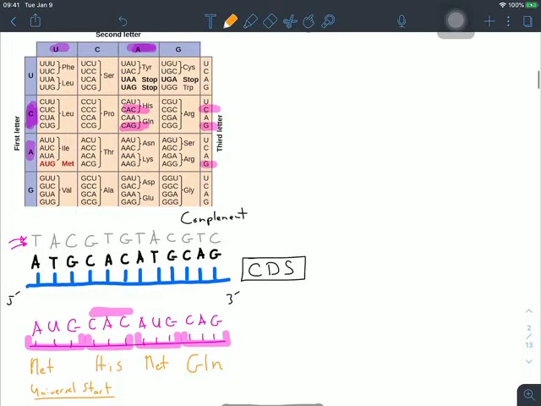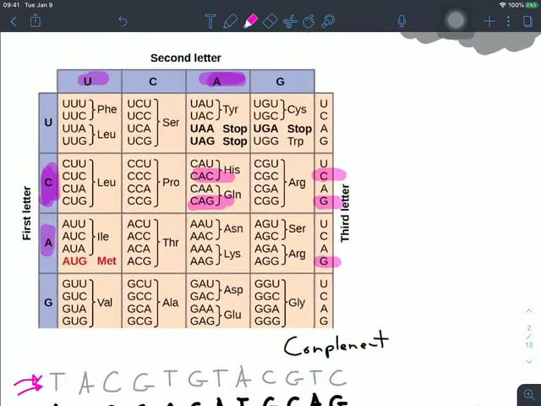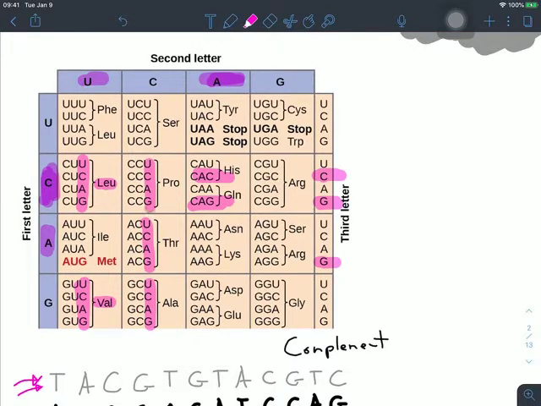So you will notice that in many cases, the code is redundant, with the third letter not mattering for some amino acids, like leucine and valine and alanine, threonine or proline or serine. But in some cases, it makes a big difference.